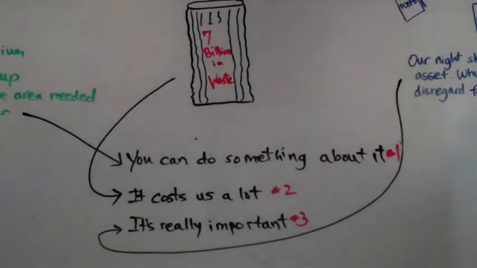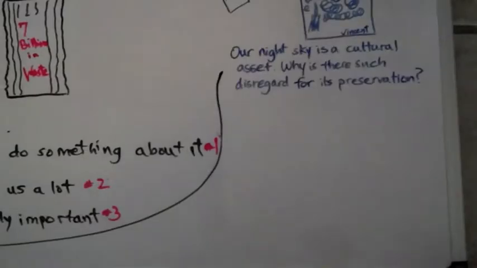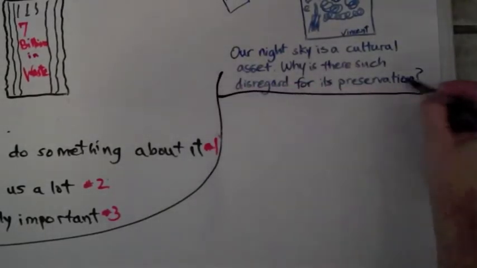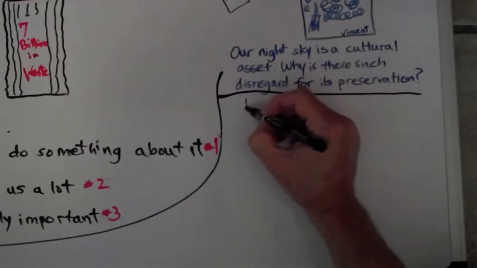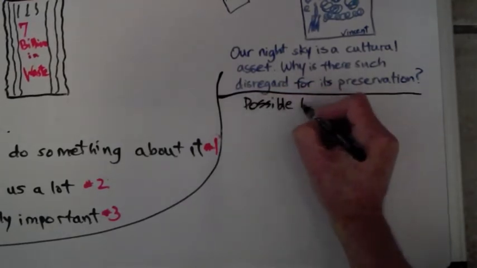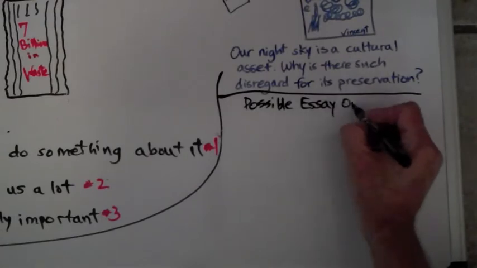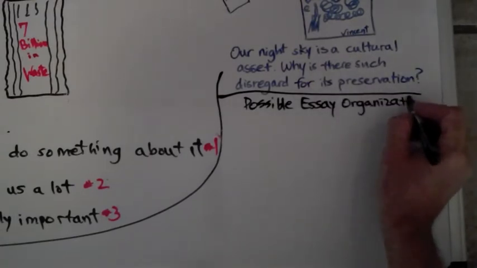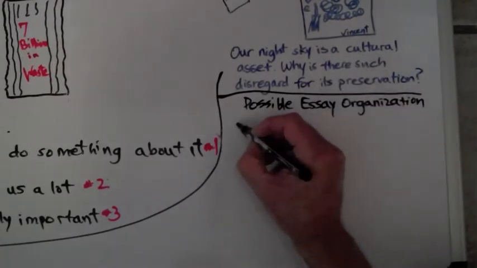It costs us a lot, and we have documentation of how important it is to us economically and culturally. So why aren't we doing something about it? You can use that last article as a sort of conclusion.